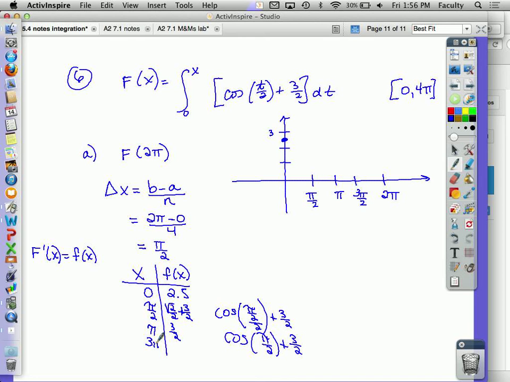And then I've got 3 pi over 2 and 2 pi. So if I do the 2 pi divided by 2, that's the cosine of pi is -1, so that one's 1/2.